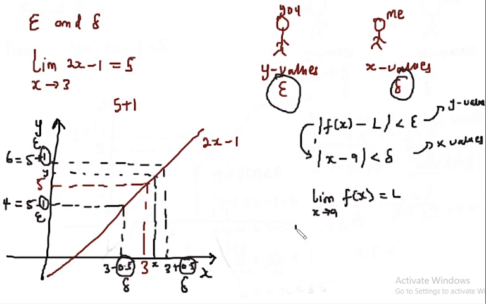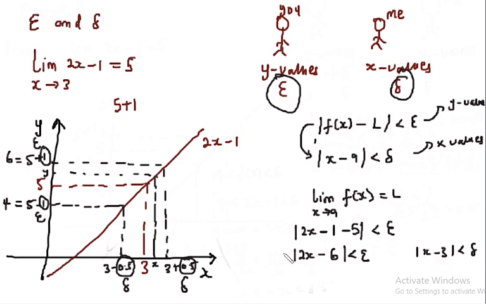So this is the absolute value of 2x minus 1 minus 5, which is less than epsilon. For me, 2x minus 1 minus 5 is 2x minus 6. This is less than epsilon. Now I said the key is to try to make this one look like this one. This one looks like this. On the side, if I write it, it's the absolute value of x minus 3 is less than delta.